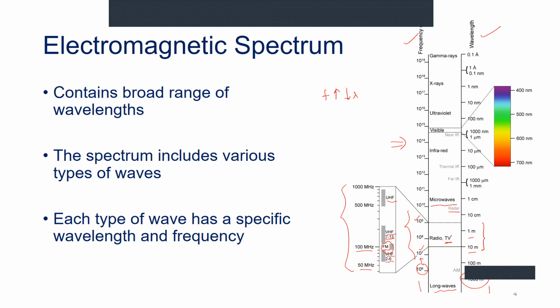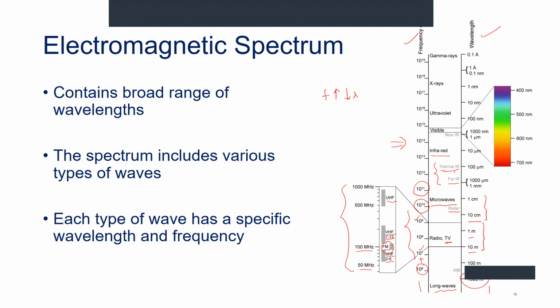In that you have radar, which has a wavelength of 1 centimeter to 10 centimeters, and the frequency range is about 10 giga to 100 giga and so on. Then comes your thermal infrared section, which has the thermal infrared and the far infrared.